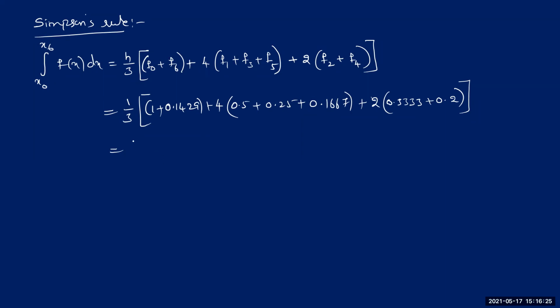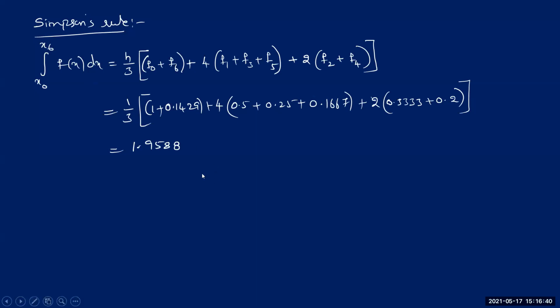So see here, I got this as 1.95876 something. So I'm rounding this off to the next value. So using Simpson's rule, we got this definite integral value as 1.9588.